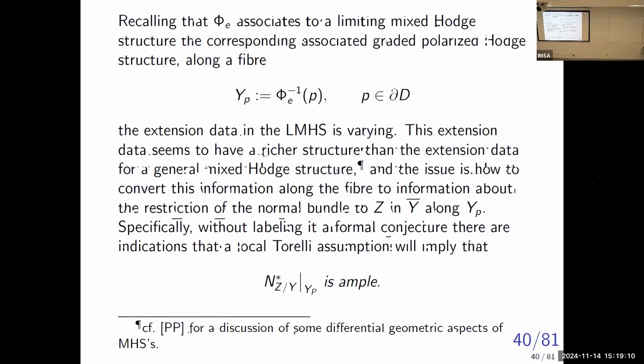So for example, the basic example of extension data is take a smooth algebraic curve, take a divisor of degree 0 on it, and look at the mixed Hodge structure on the complement, the curve minus the support of the divisor. Take out a bunch of points. That mixed Hodge structure has, as its associated graded, the Hodge structure of the cohomology of the curve and the Hodge structure of these points.